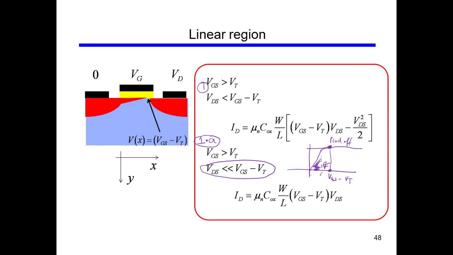If you apply that approximation, that VDS is very small, you see that there is a square term. If VDS is very small, the square term will make it even smaller, and in comparison to this term you can neglect it.